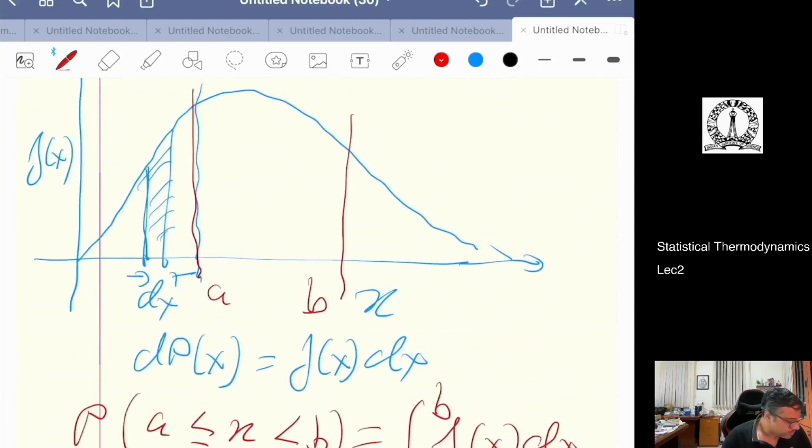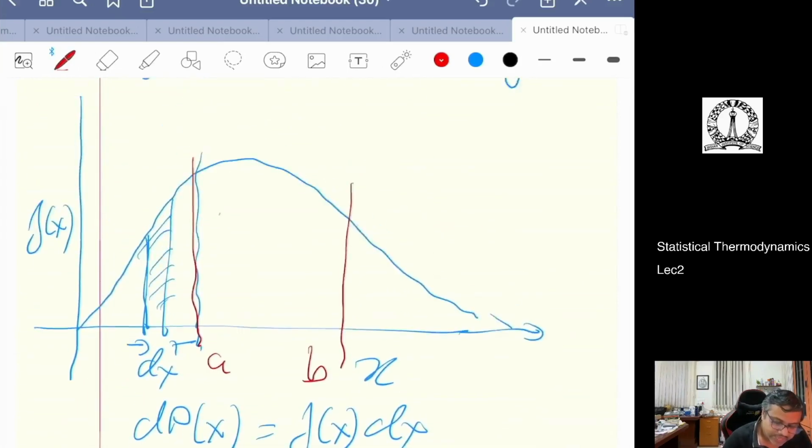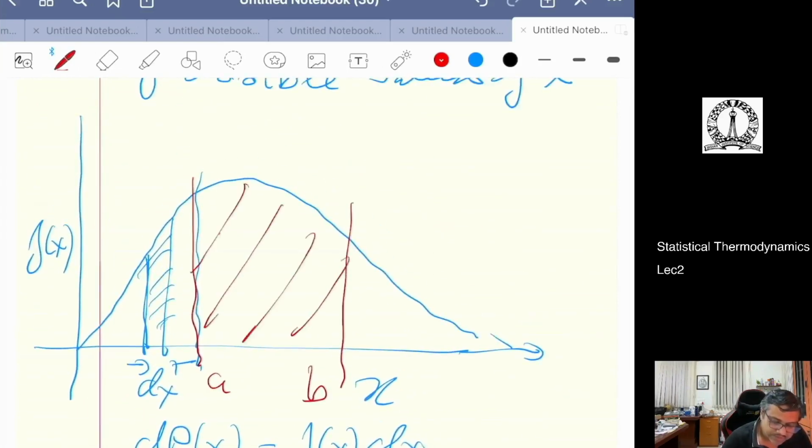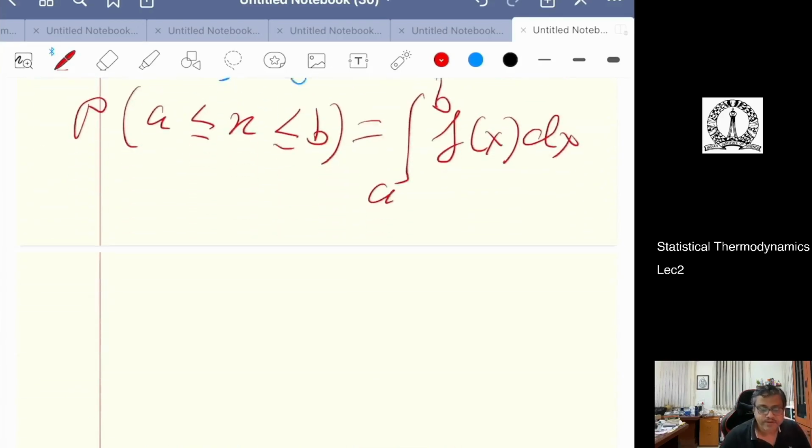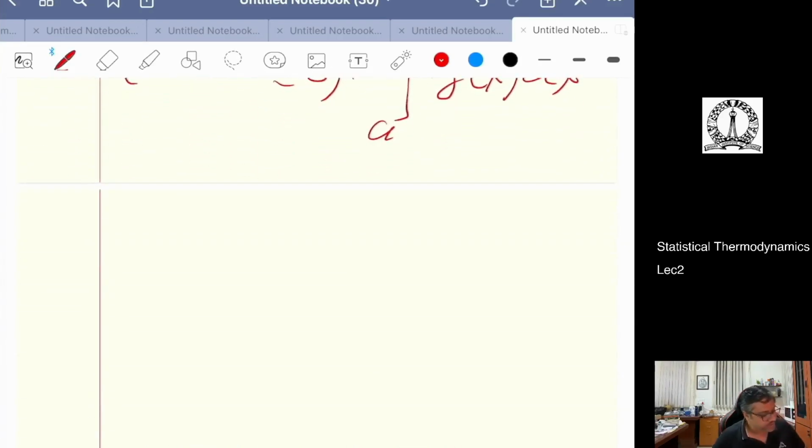Okay? So this is the probability that x lies between A and B, which is basically this part of the graph.